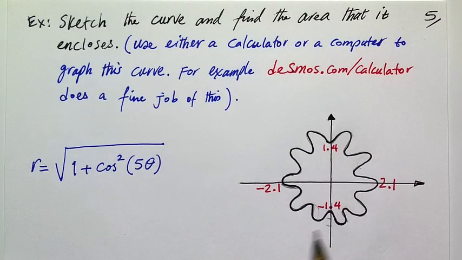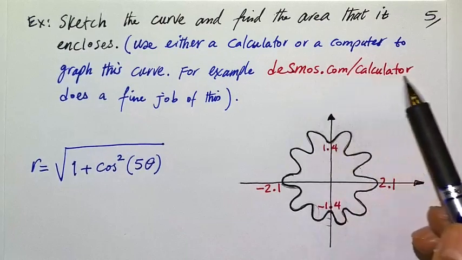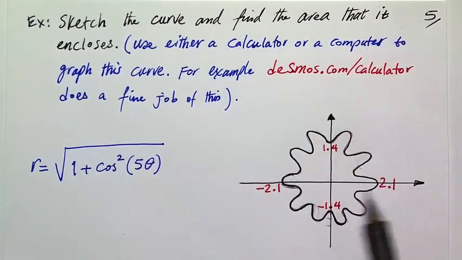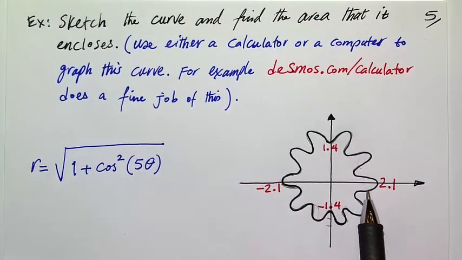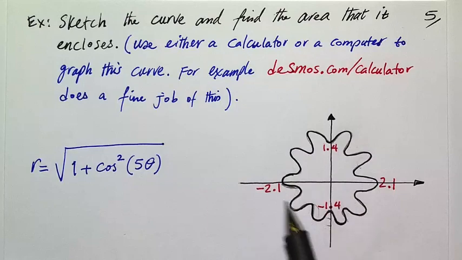And when you graph this on desmos.com/calculator, it gives you all these numbers too. It does a really nice job of this. And the graph is much more symmetric than what I've done on paper. Okay, so let us then apply the formula. So this would be 0 to 2 pi, right? To trace the entire curve would be from 0 to 2 pi.